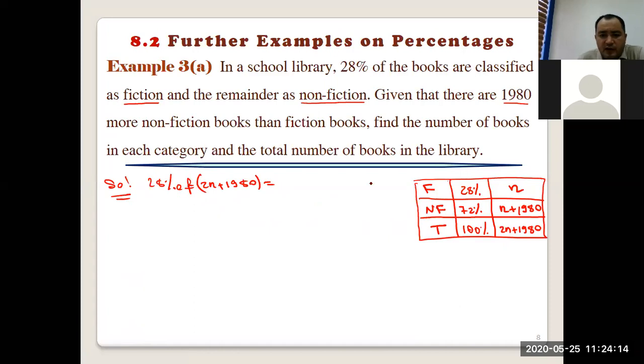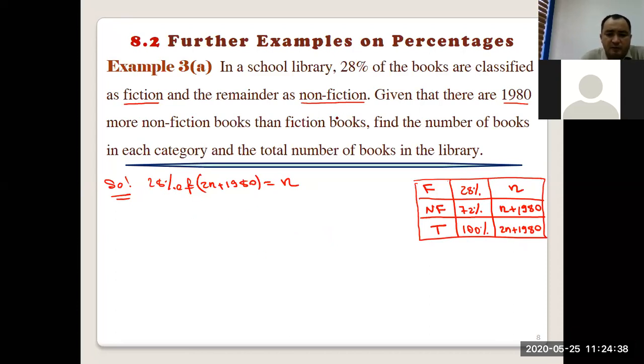How many fiction books we have? We have n fiction books. Another version is also actually 72% of all the books is n plus 1980. It doesn't matter. You form your equation using these two things or these two things. After all, you'll get the same results. Okay. So that is our equation.